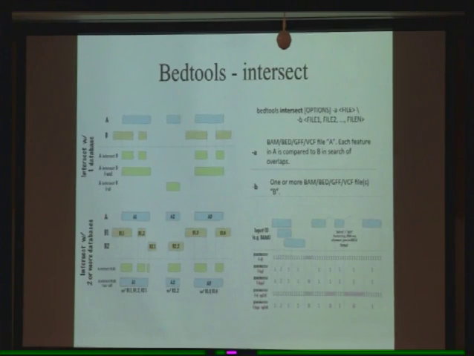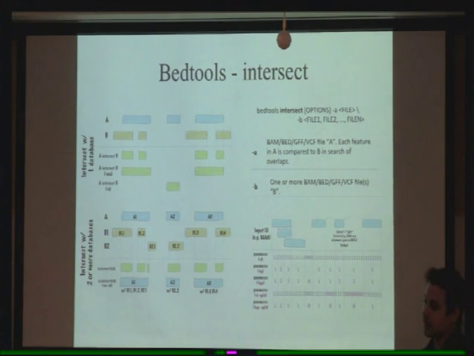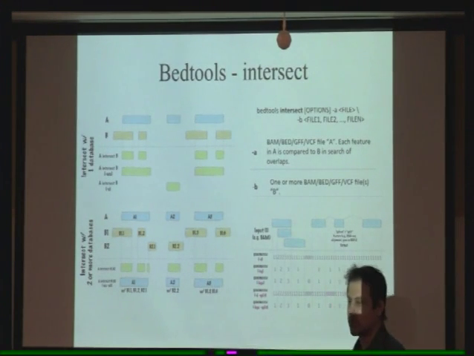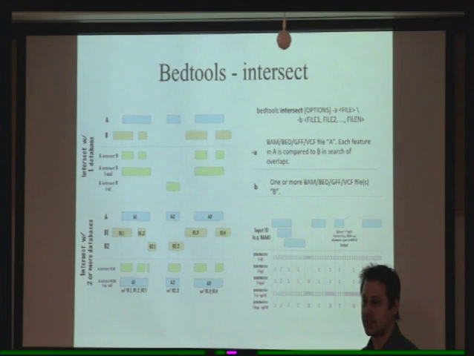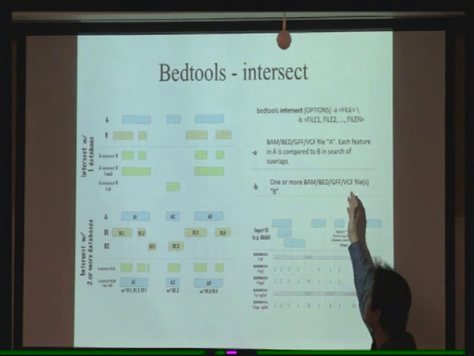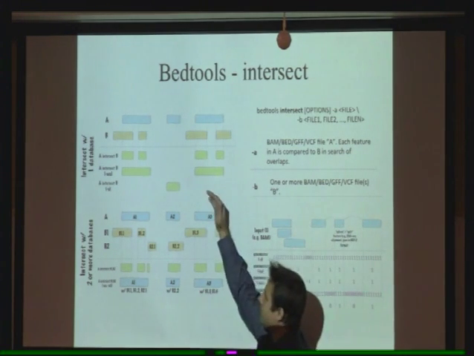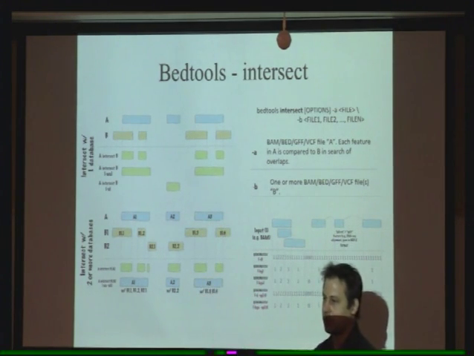BEDTools is also critical. This is a great suite for manipulating your bed files. So if you wanted to say, I have these chromosome coordinates in this file, which ones are common? You can run different tools to intersect these bed coordinates with this file's bed coordinates, and tell me the common ones.